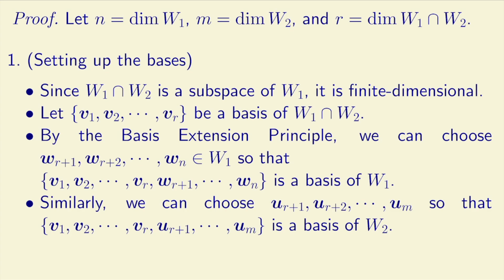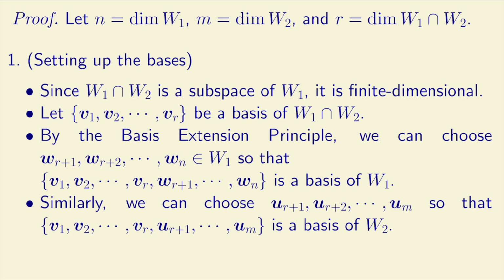Now, let this set V1, V2 up to Vr be the basis of W1 cap W2, because r is the dimension of the intersection. And by the basis extension principle, we can choose some other vectors Wr plus 1, Wr plus 2, up to Wn in W1 so that this combined set is a basis of W1.